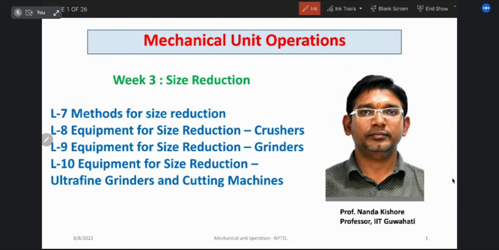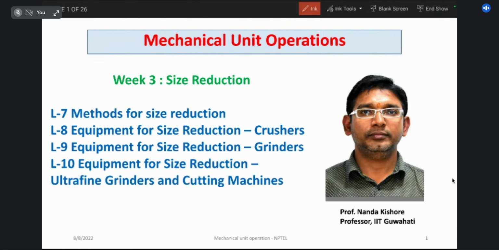The whole third week discusses the different methods for size reduction and how we can classify them into 3 large areas, or per se 4 large areas: crushers, grinders, ultrafine grinders, as well as cutting machines. And how we can use the different methodologies, different principles, and forces used for these particular methods, which kinds of equipment there are, and how they work.